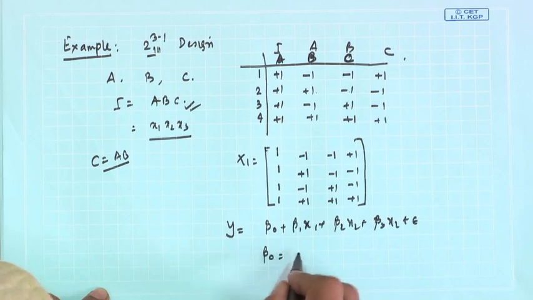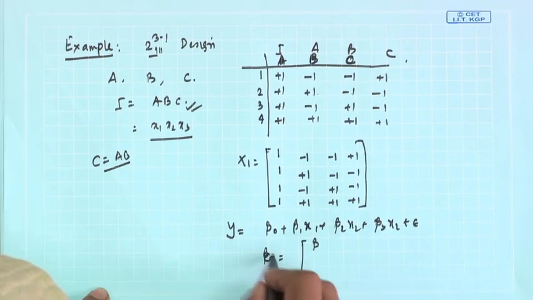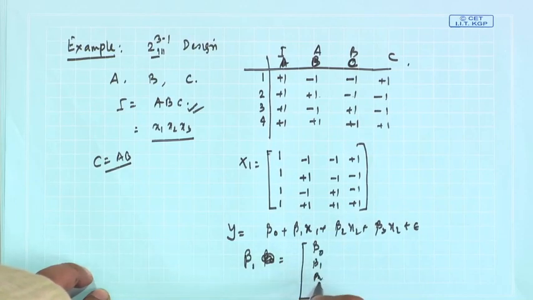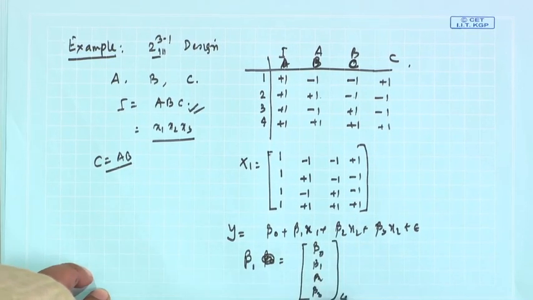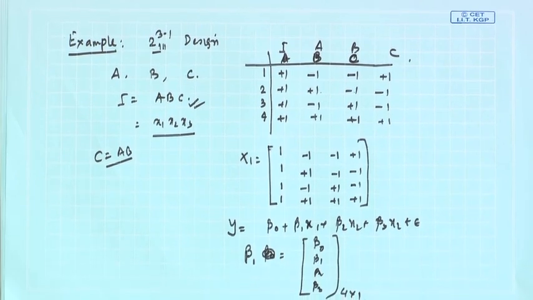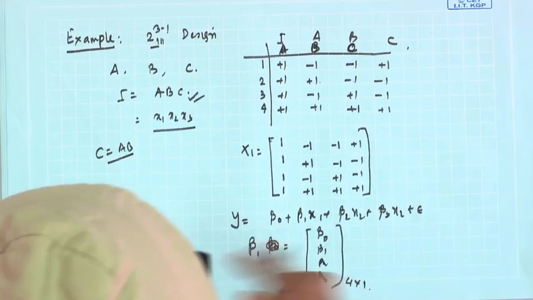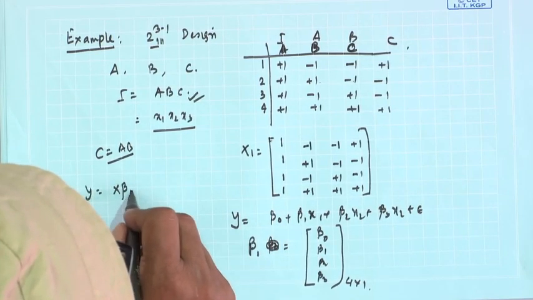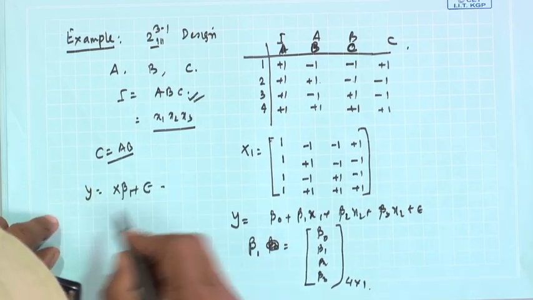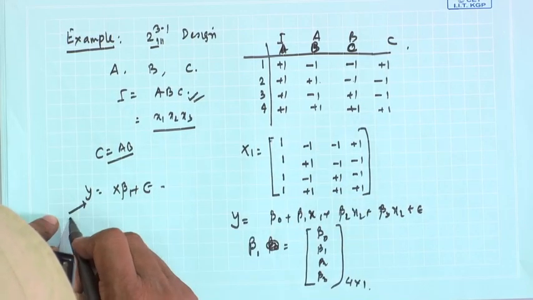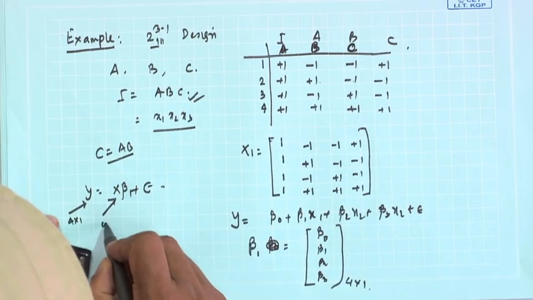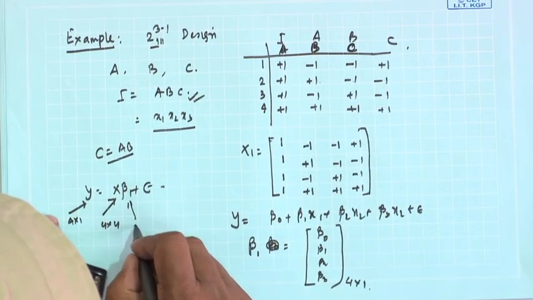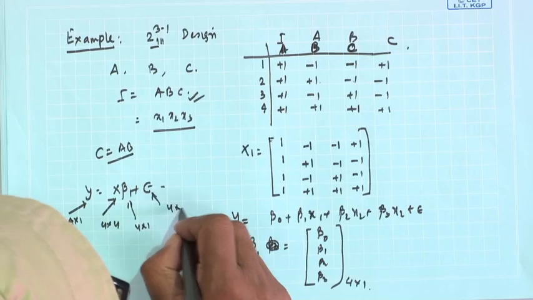Then beta is beta 0, beta 1, beta 2 and beta 3, so 4 cross 1. So, we have considered the model y equal to X beta plus epsilon, where y is 4 cross 1, X is 4 cross 4, beta is 4 cross 1, and epsilon is 4 cross 1.